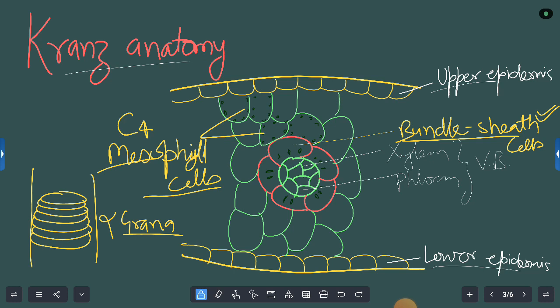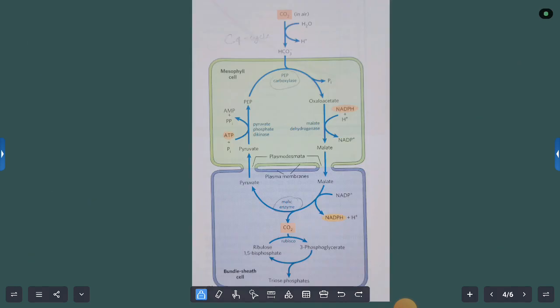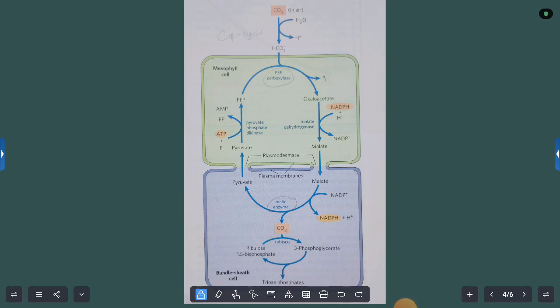In the mesophyll cells the C4 cycle operates, and in the bundle sheath cells the C3 cycle or Calvin cycle operates as usual. Now see, this is the scheme of the C4 cycle. This is the mesophyll cell, and this is the bundle sheath cell.